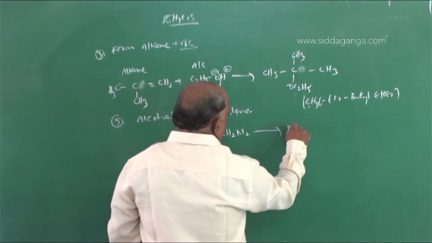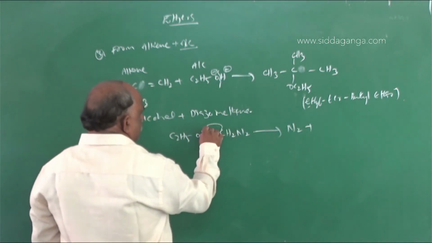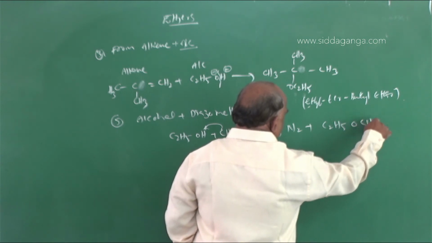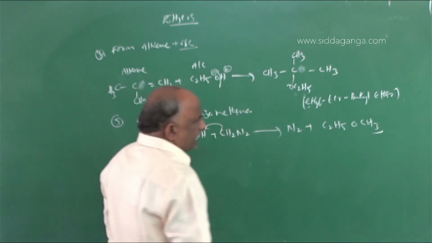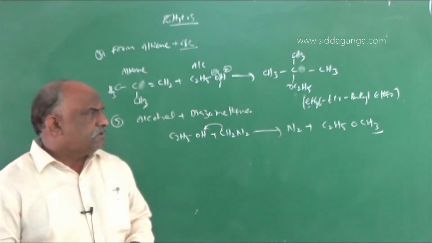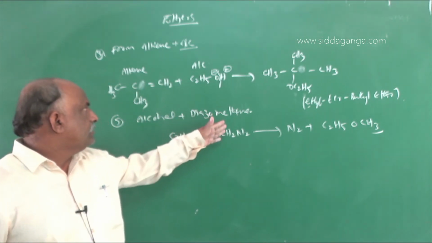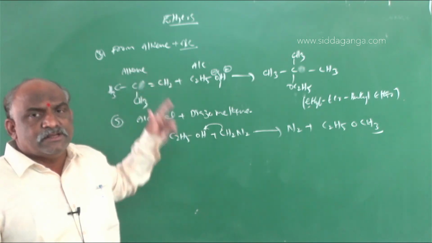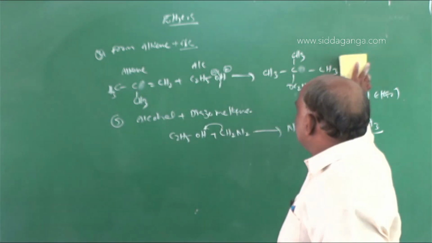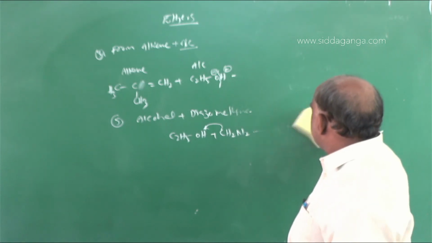From this, N2 will be eliminated, then CH2 attaches to this side. Then the answer is C2H5OCH3. This is the reaction which is beyond NCERT. It is alcohol plus diazomethane, and alcohol plus alkene. These are not in NCERT. So in these ethers, generally the oxygen atom is sp3 hybridized.